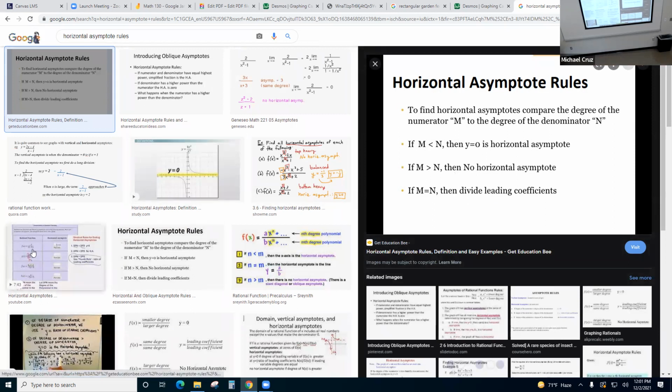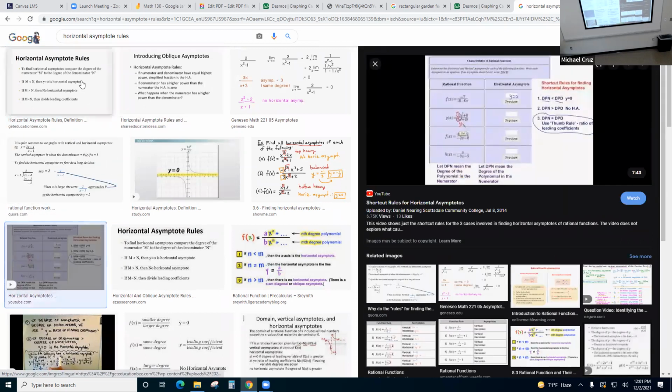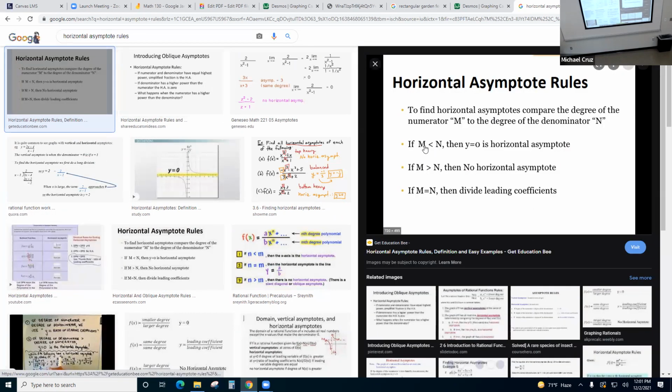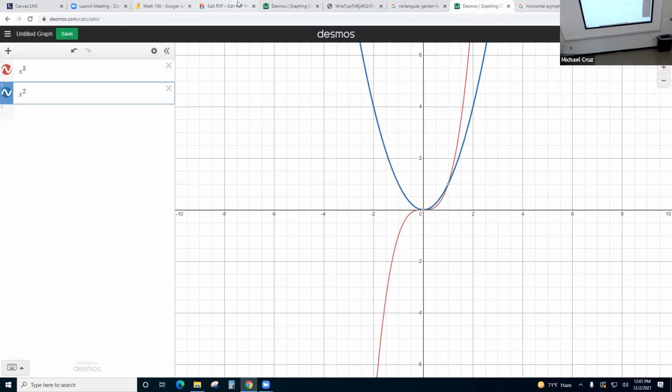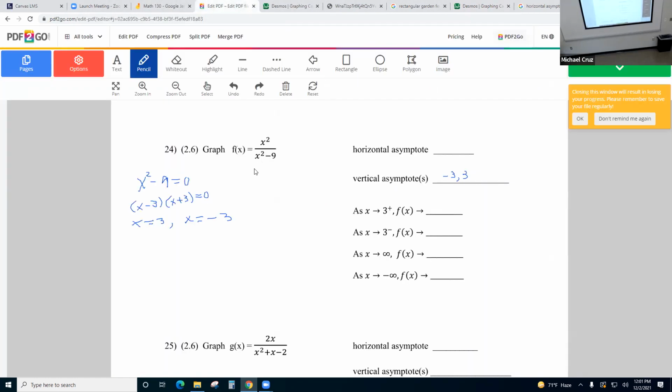What happens if they're the same? I know that if there's a higher power up there, then there's a denominator. So let me just see something. Let's see if this is right. I think that y is equal to 1 because this is just 1 over 1. If I remember correctly.